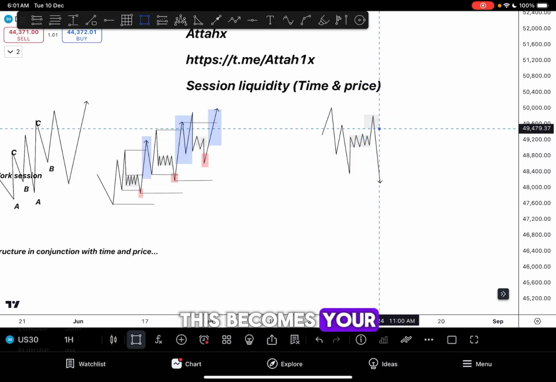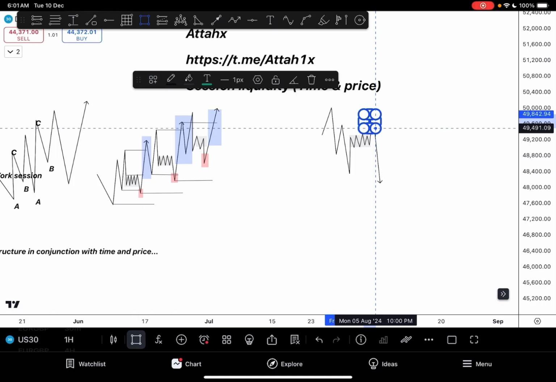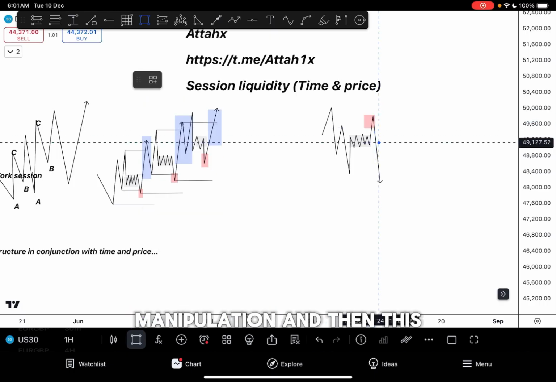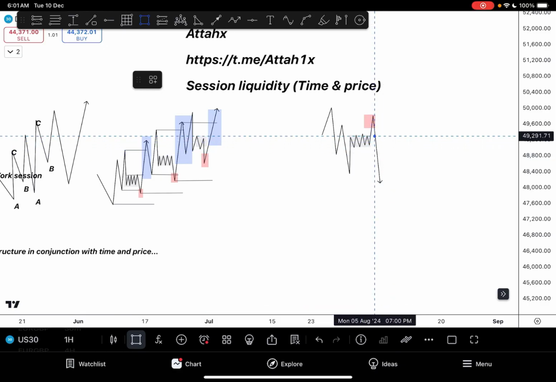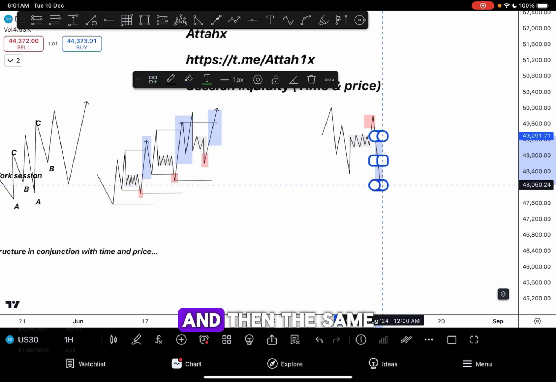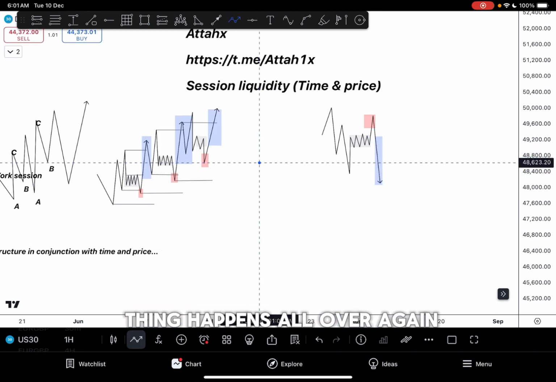This becomes your manipulation, and then this becomes your distribution. All right, and then the same thing happens all over and over again.